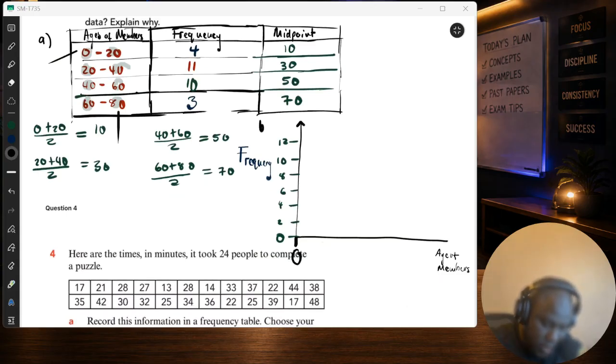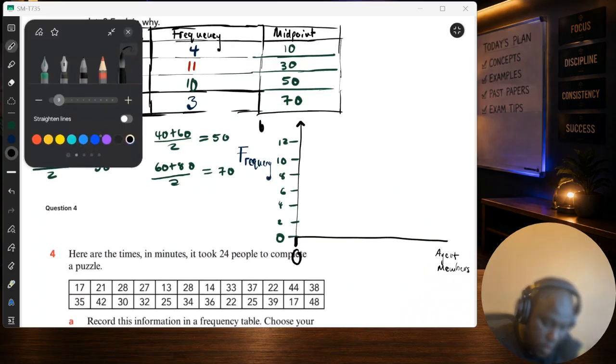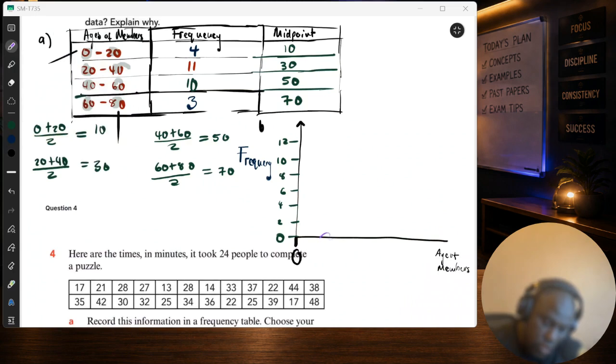So 0, then this becomes 20, then 40, then 60, then this is 80. In the first one, what is the midpoint? The midpoint is 10. And the frequency is 4.